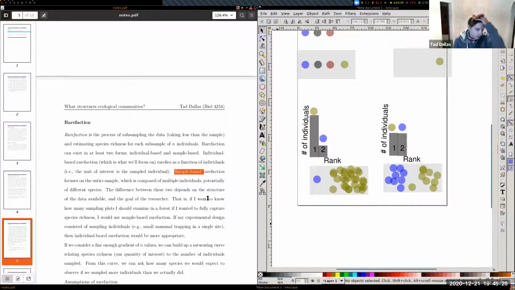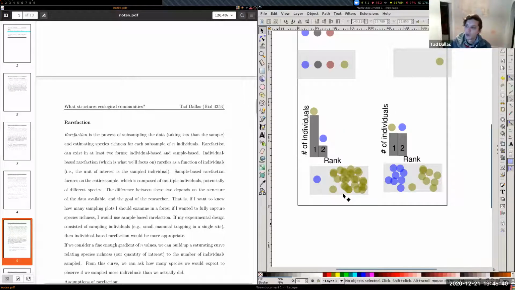I'll discuss why that is important in a bit. First, I'll distinguish between that and individual-based rarefaction. So that would be sample-based rarefaction.